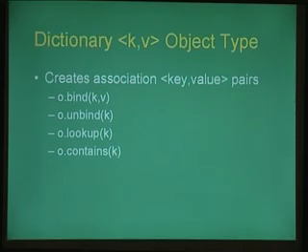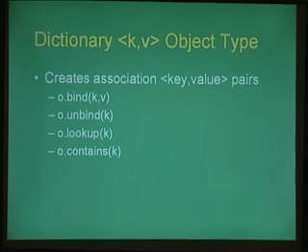usually the number of elements is fixed, unlike in a list where the number of elements can vary. There is also a dictionary data type, which is derived from the collection data type, and is analogous to a hash table implementation. So it basically stores a collection of key value pairs, and given a key, the dictionary returns a value, and the dictionary object also defines a number of different methods like bind and unbind.